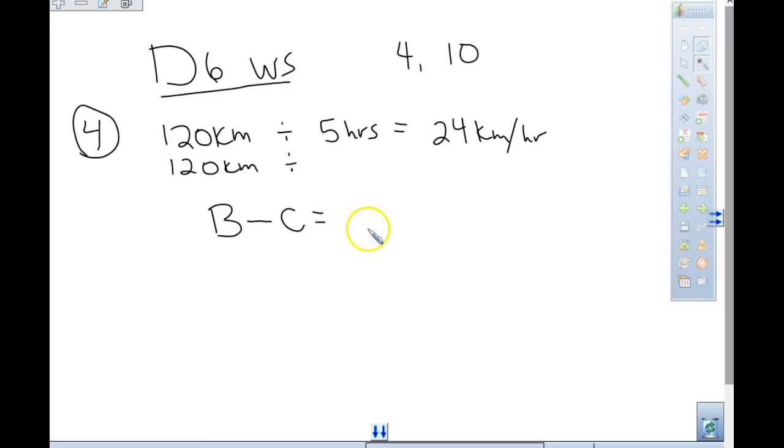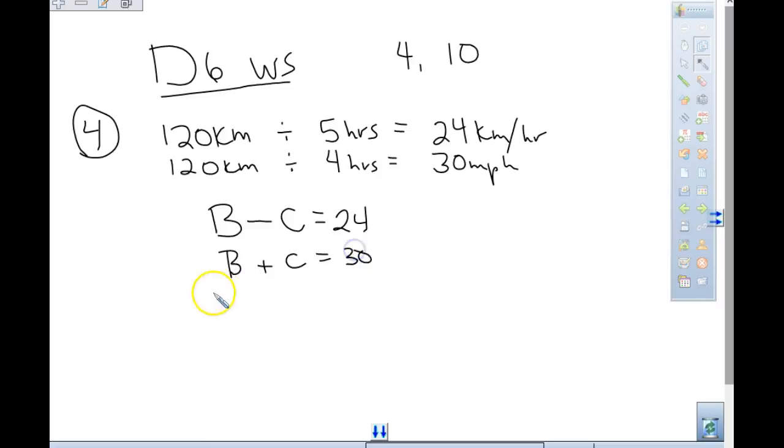We're going against it. Boat minus the current equals 24. When we went downstream, it didn't take us as long, with the current. It only took us 4 hours. 120 divided by 4 is, our speed is 30 miles per hour. So the boat plus the current is now 30.